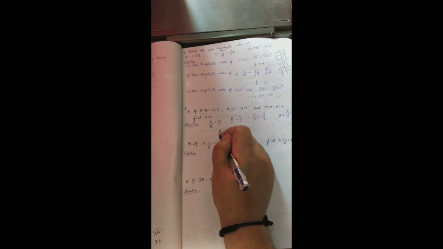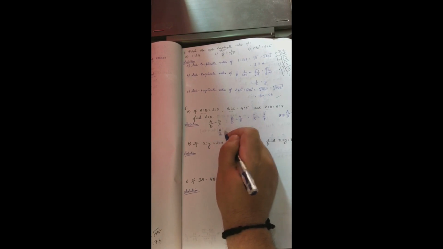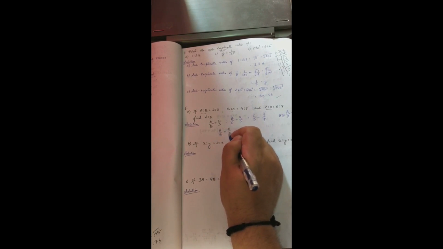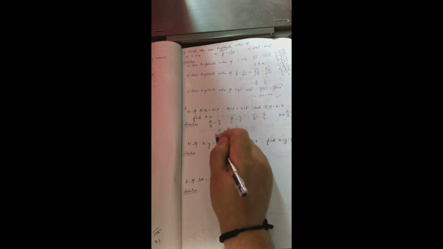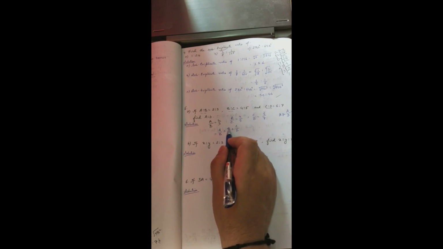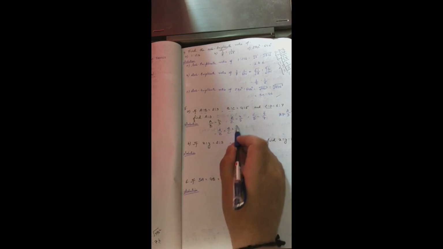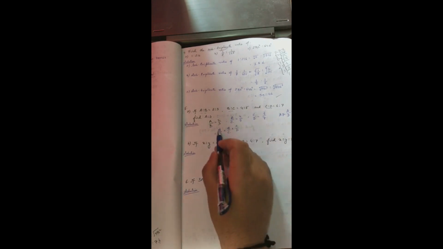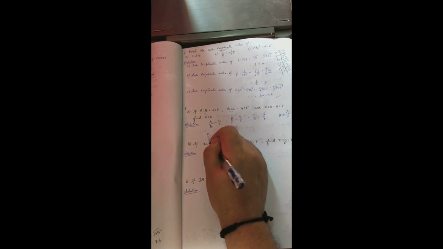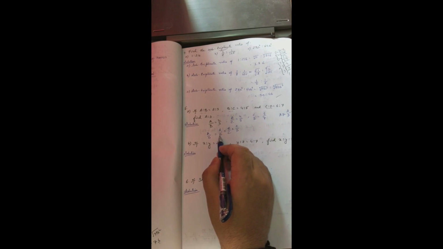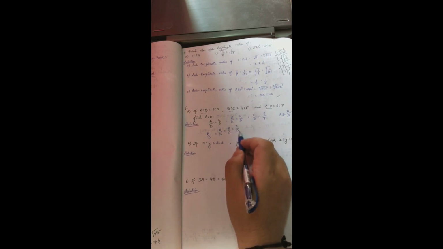So how to find a by d? See, if we multiply a by b into b by c and we multiply c by d, what will we get? See, this b and this b will cancel, this c and this c will get cancelled. So what will we be left with? A by d. So we can write a by d as a by b into b by c into c by d.